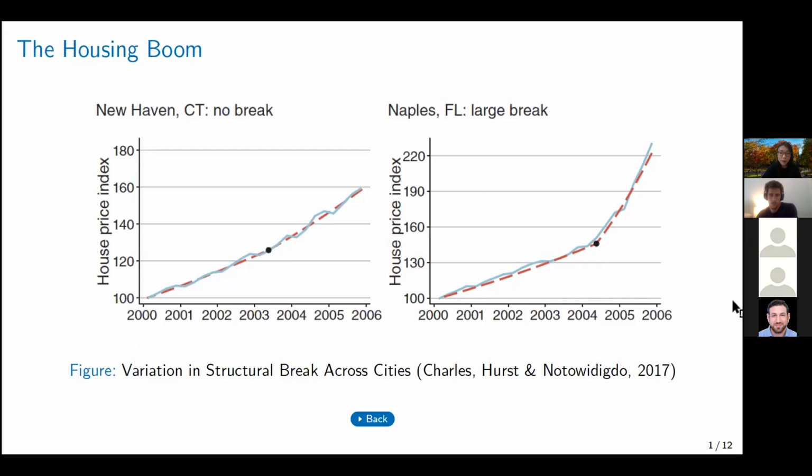And there's a sizable literature studying these booms, and they found that the nature of these booms is basically driven by speculative activities, while the underlying economic fundamentals are running smoothly. And so this provides us with an ideal setting of exploiting only the sudden and unexpected changes in home prices while controlling for the underlying characteristics.